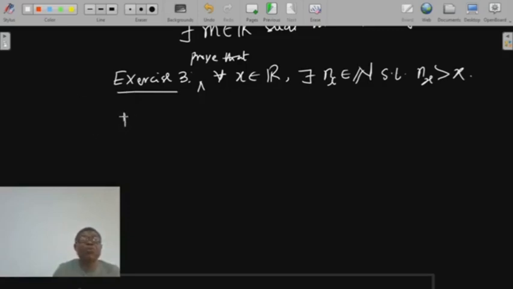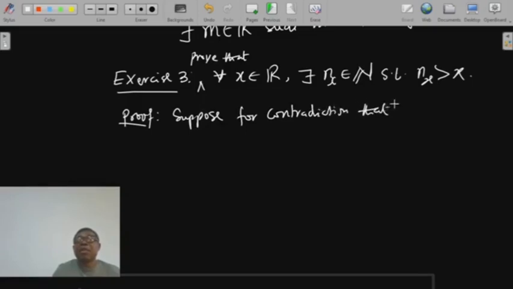So, proof: suppose for contradiction that this assertion is not true.